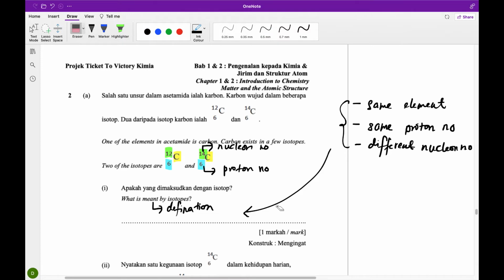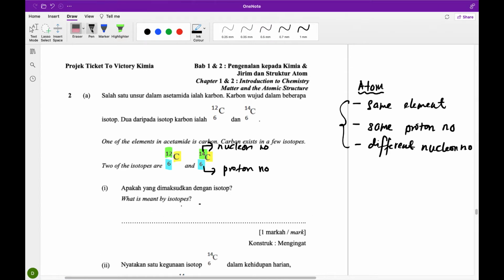Only thing is that we have to state that it exists in the atomic state, so we are talking about atoms. When they ask us to define, we have to start with the key word atoms. It is compulsory to start off with atoms in order to get the 1 mark.